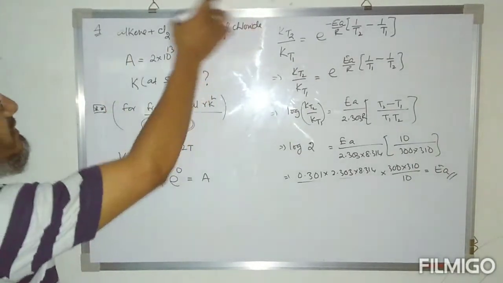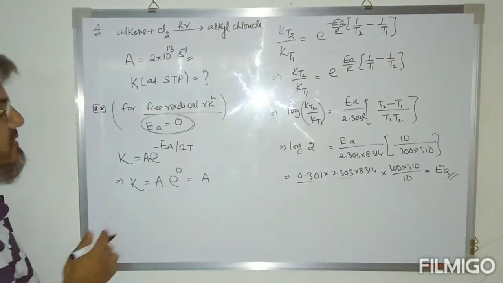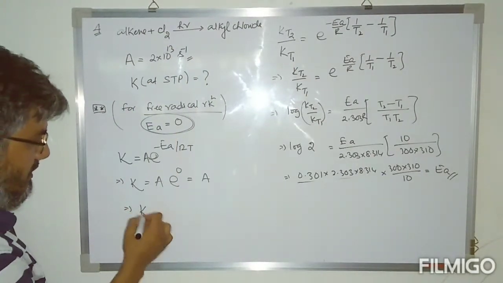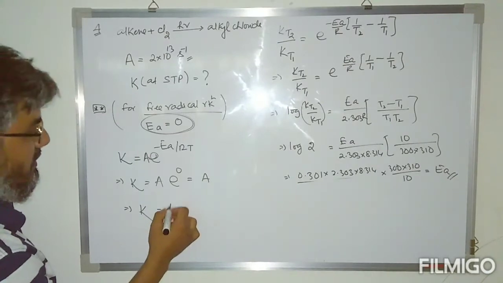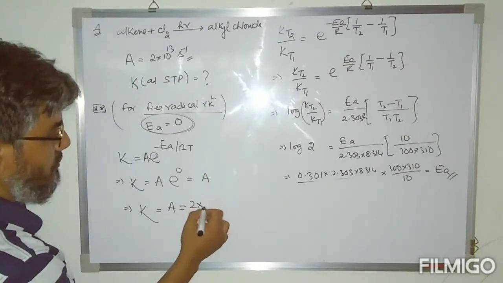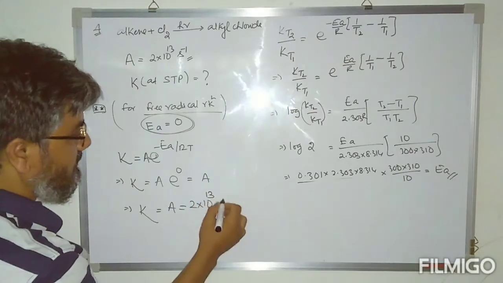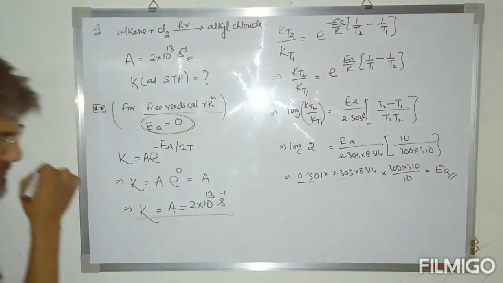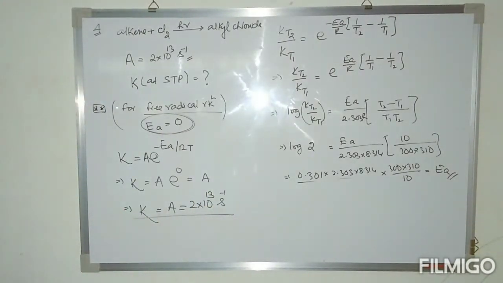So for this free radical halogenation reaction, the rate constant K is equal to A, which is equal to 2 into 10 to the power 13 second inverse. So the point is, for a free radical reaction, activation energy is 0.